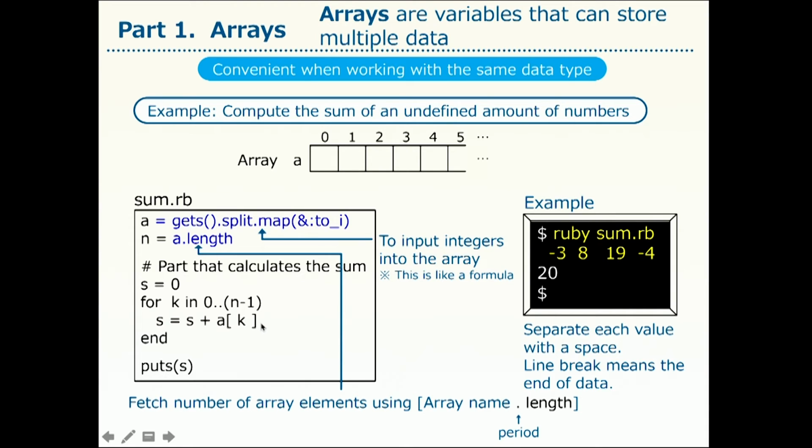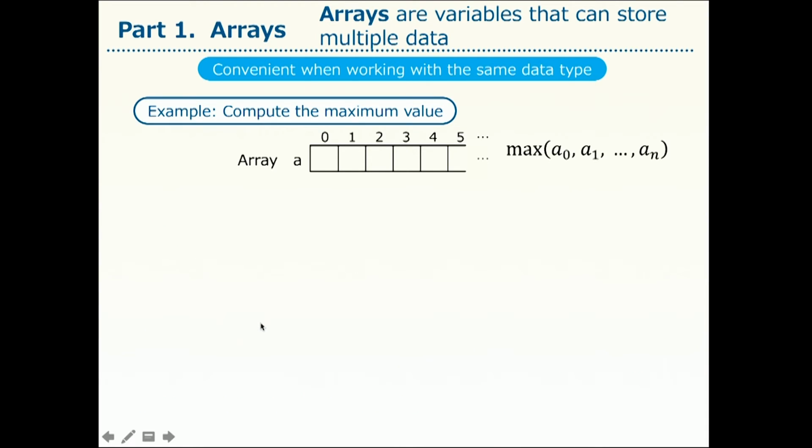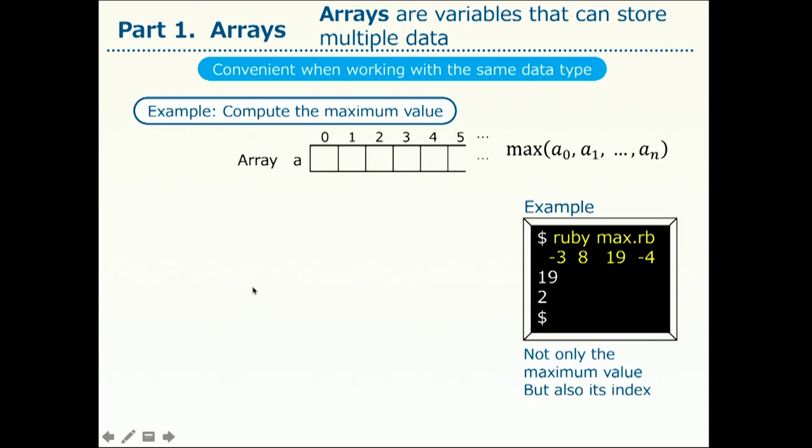Let's see more examples of programs. The next program is to read data items into the array and find the largest value among them. Let's call this Ruby program max.rb. Here's an execution example. By running max.rb, it waits for input numbers.